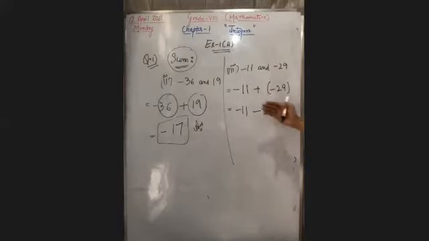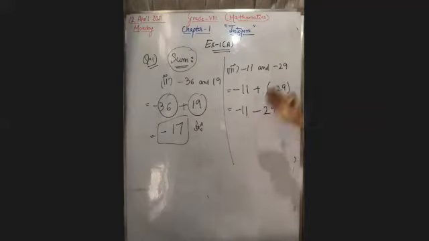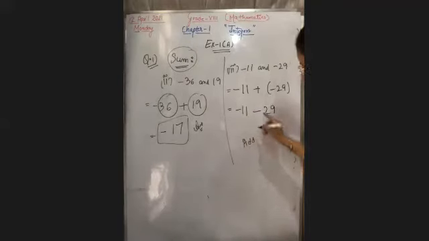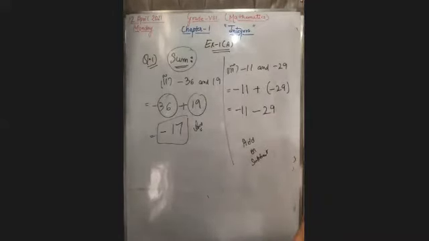Now both are negative. If both the values have a negative sign, do you have to add or subtract? Please tell me. Keep on reading your messages. I'll point out whose answer is wrong. Correct. Arshia, your answer is wrong.